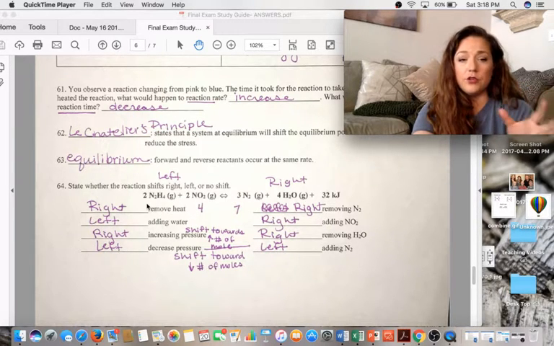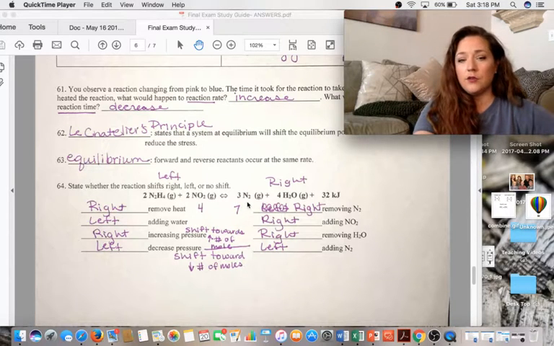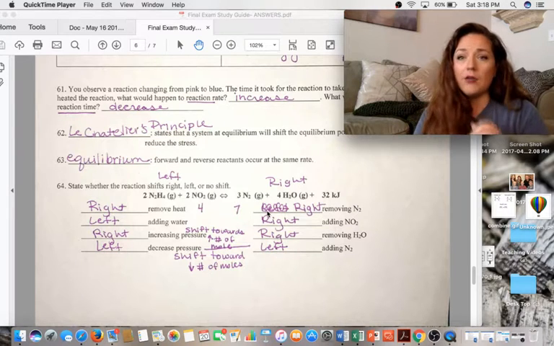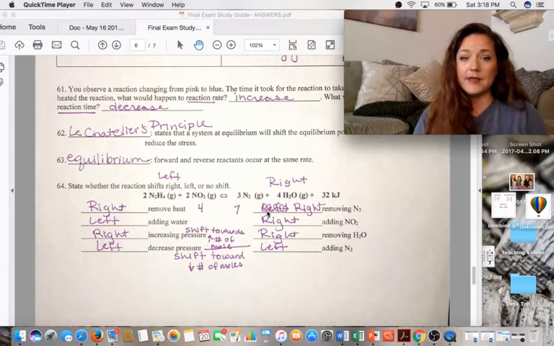So you have 2 moles of N2H4 gas. You have 2 moles of NO2, so that's 4. So nitrogen is 3, water is 4, that's 7. Both of those are gases. None of them says solids, none of them says liquid, so thus you count all your moles. It's a 4 to 7.